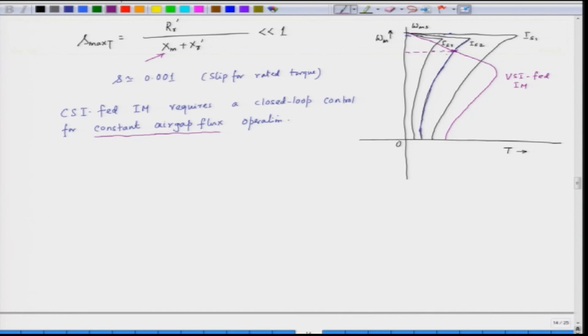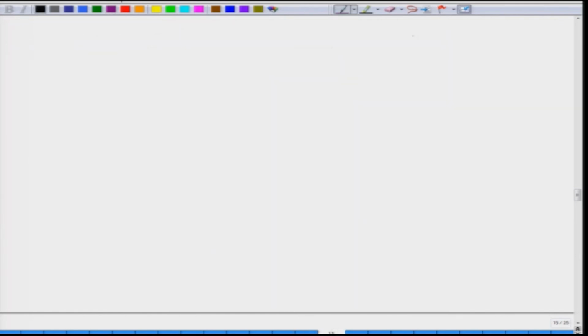Now, let us see the operation of CSI with constant air gap flux. We can draw the equivalent circuit once again. This is our equivalent circuit that we drew earlier. We have the stator and the rotor, and then we have the air gap or the magnetizing branch here, Xm, Xr prime, Rr prime by S, Xs and Rs, and we feed this from a CSI.